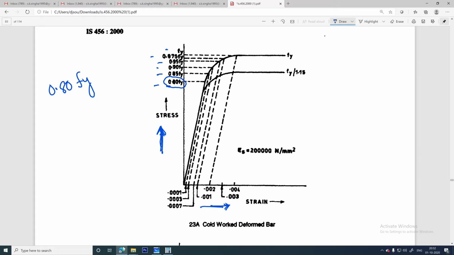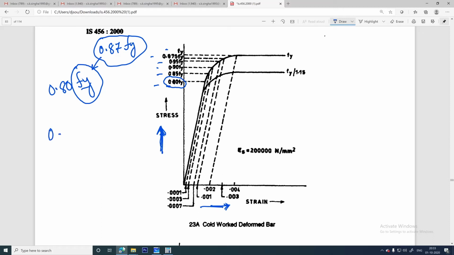So when you write this stress in terms of yield, this Fy will be divided by the partial safety factor of the steel, that is 1.15. So when you divide this Fy by 1.15, it will become 0.87 Fy.